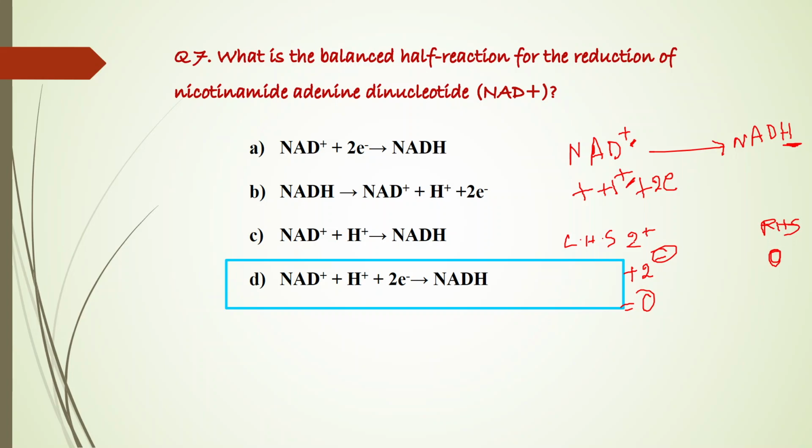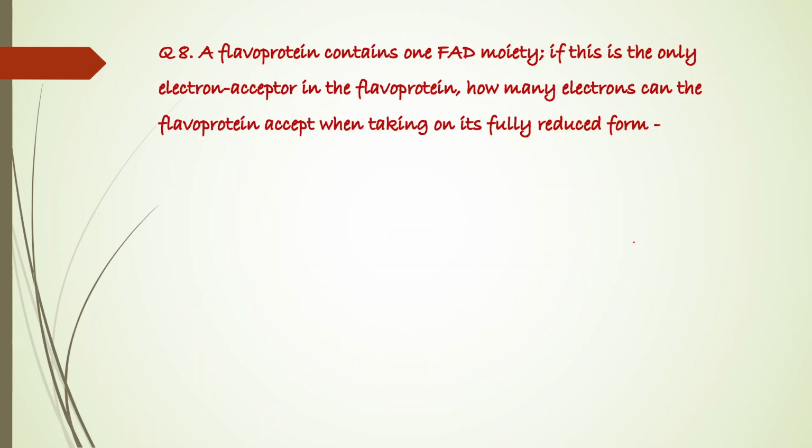Okay, let us move to the next one. It says a flavoprotein contains one FAD moiety. If this is the only electron acceptor in the flavoprotein, how many electrons can the flavoprotein accept when taking on its fully reduced form? So you have your flavoprotein, that means it has flavin.